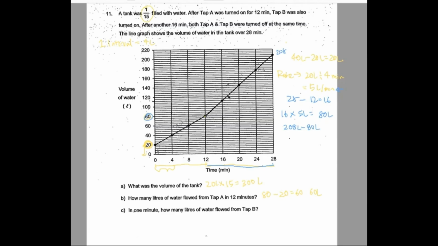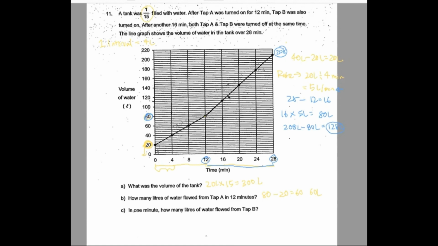We're talking about this 80 liters, and this 208. The difference is 128 liters. So from 12 to 28, 128 liters of water flows from both taps during this period of time.